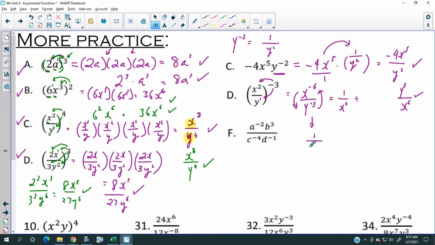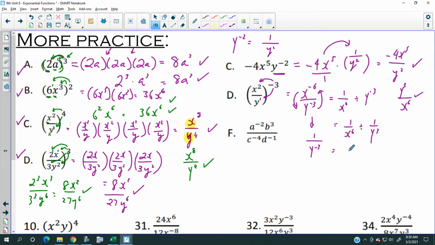This is actually 1 over y to the -3rd power. So you actually have to flip this. You're dividing by y to the -3rd power, but technically you're really doing this. Keep, and then y to the -3rd power is 1 over y to the 3rd.